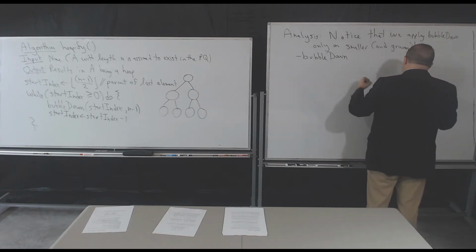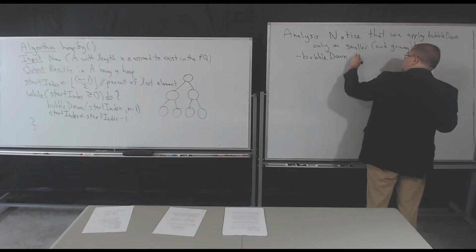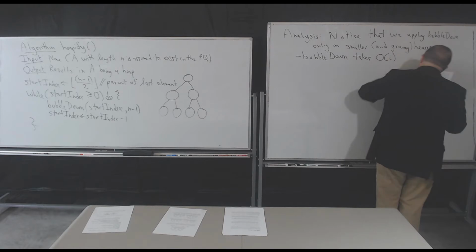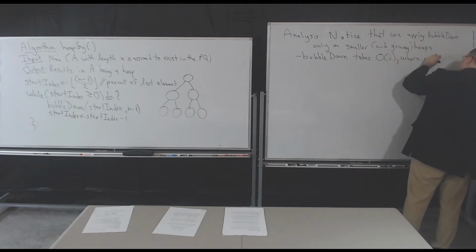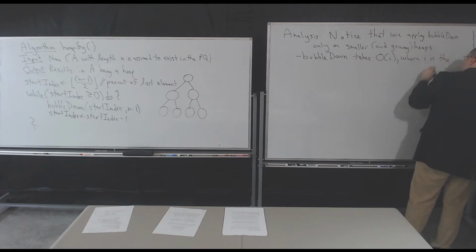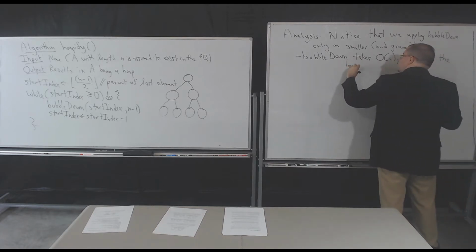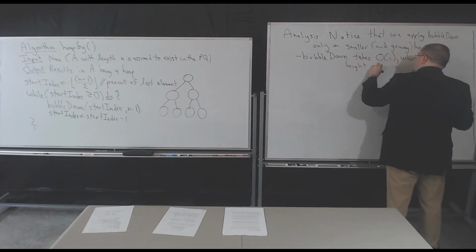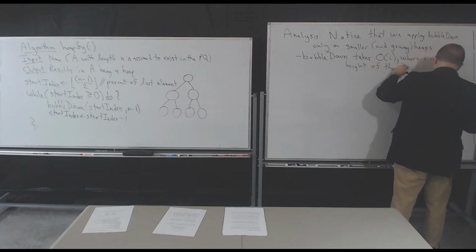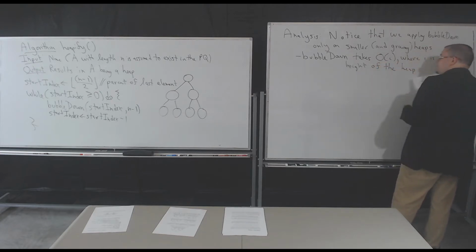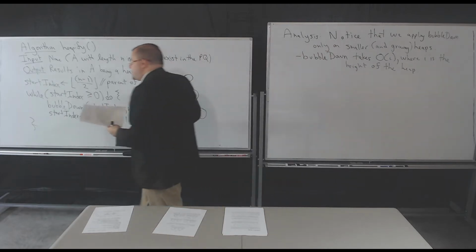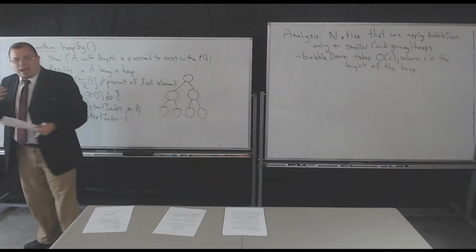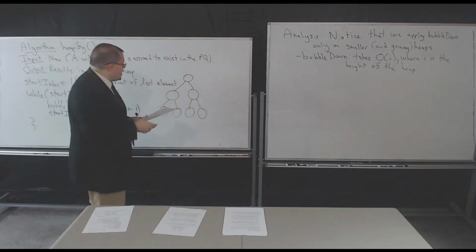Imagine I gave you some height i. It should take big O of i, where i is the height of the heap, right? So we had log n as the total height of the heap, but for a given height i, it is big O of i, right?